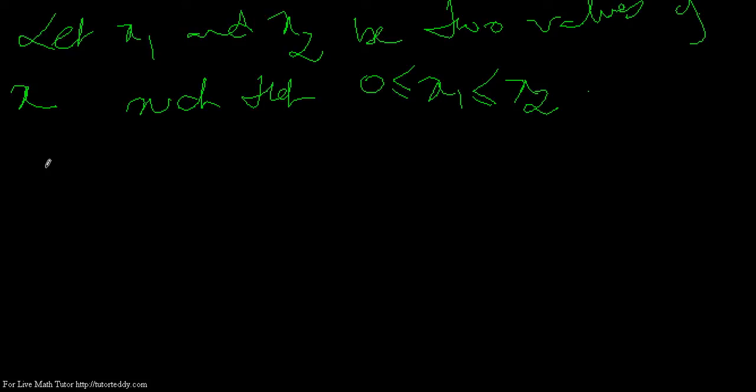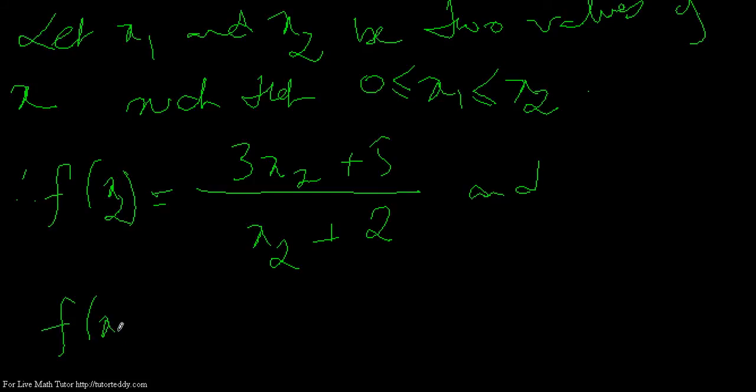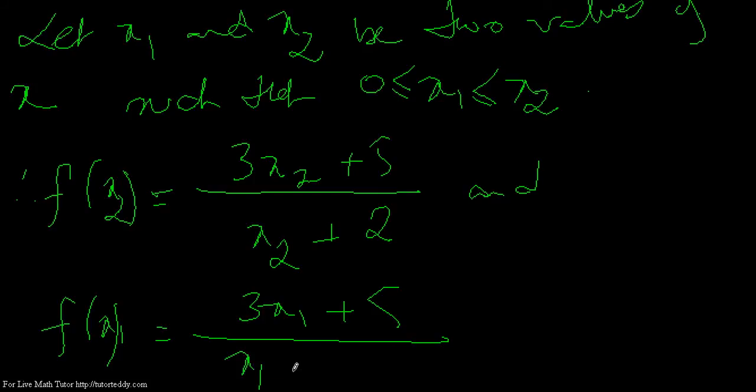So first we see x2. Function of x2 is what? f(x2) equals (3x2 + 5) over (x2 + 2), and f(x1) equals (3x1 + 5) over (x1 + 2).